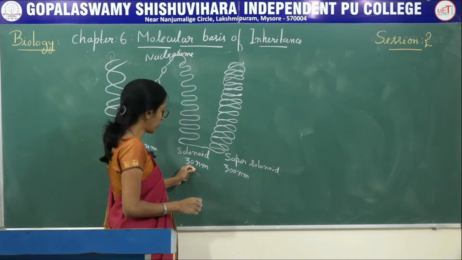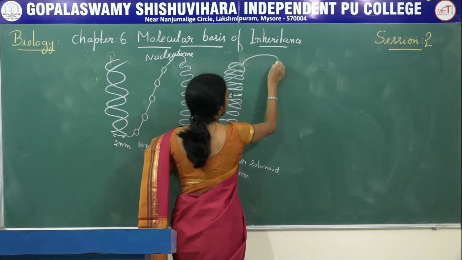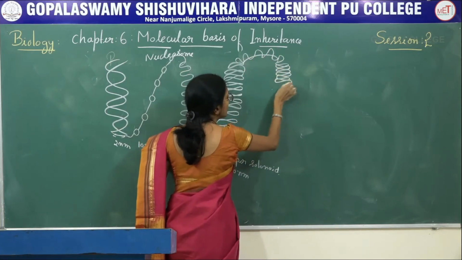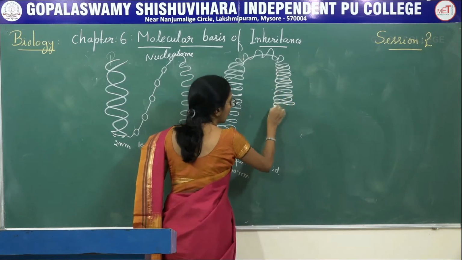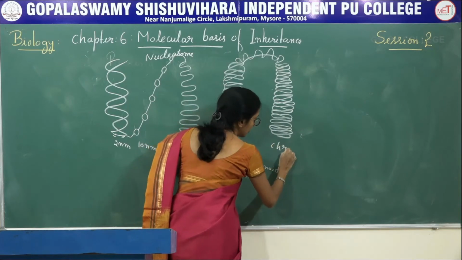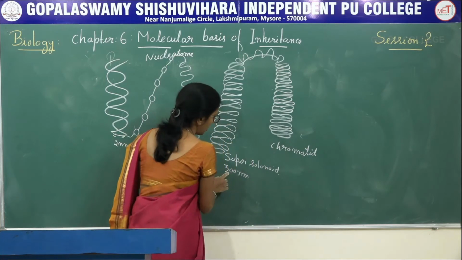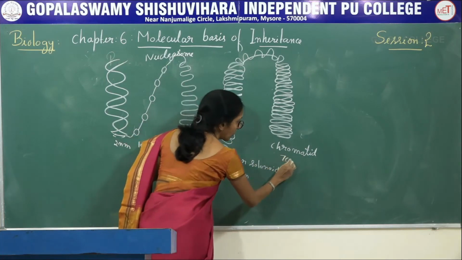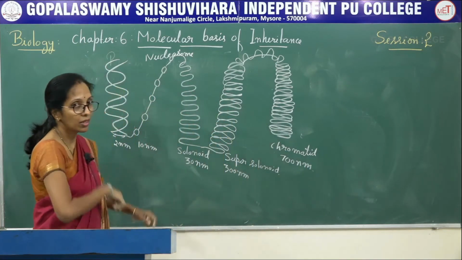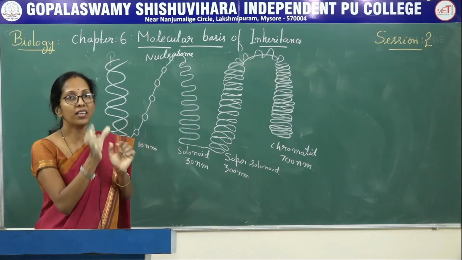So it increases from 30 to 300 nanometer, and then again there will be a coiling that takes place, and this results in the formation of chromatin. And here from 300 to 700 nanometer.